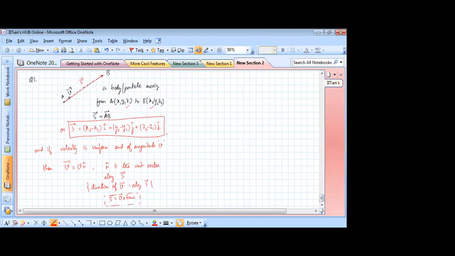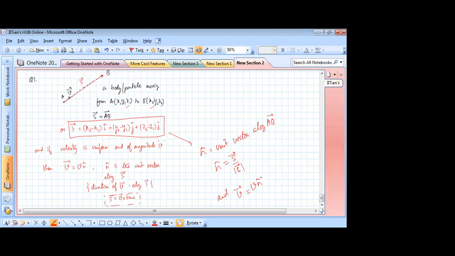Okay. So what I'll do is, from this, I find the n cap, that is the unit vector along AB. That n cap is nothing but the displacement divided by its own magnitude. So you found this vector, and now just divide by its mod, so you get the unit vector, and velocity becomes nothing but whatever speed is given to you into that unit vector.